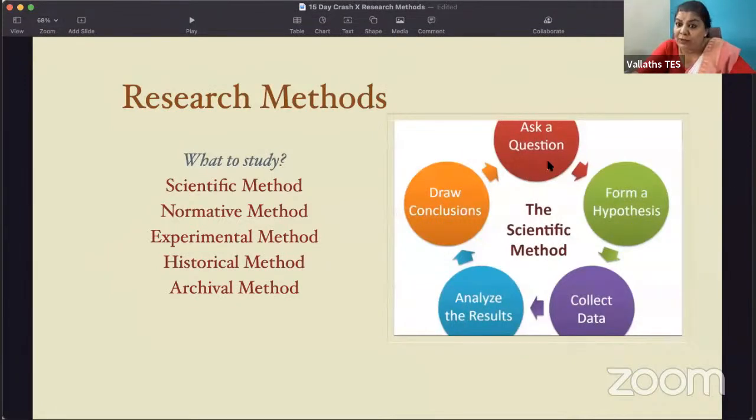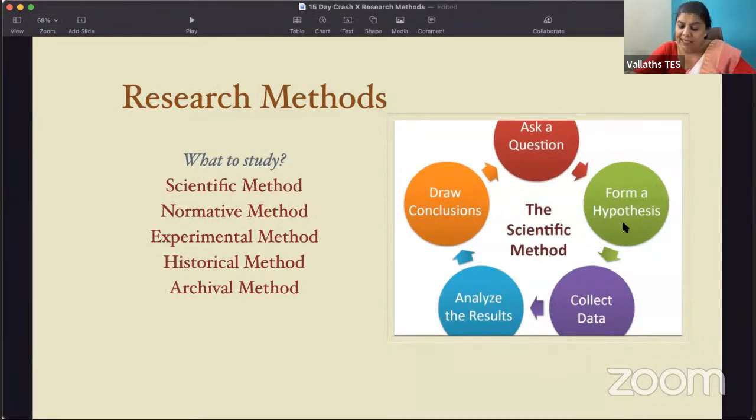And then you ask a question, why is it like that? Then you form a hypothesis. Then you collect data. What is a hypothesis, guys? Hypothesis is a testable explanation. You are explaining this phenomenon that you have seen, and you are just thinking that it will be like this, and you are going to test it, isn't it?